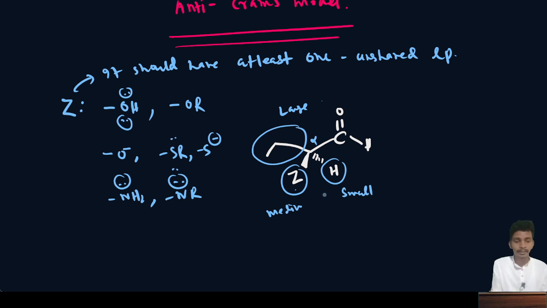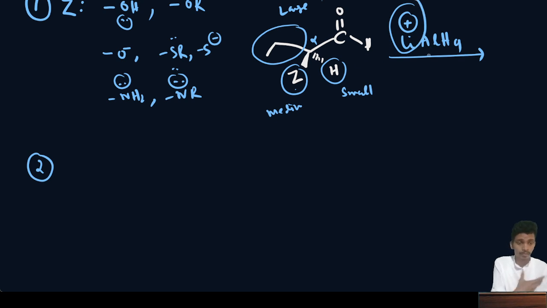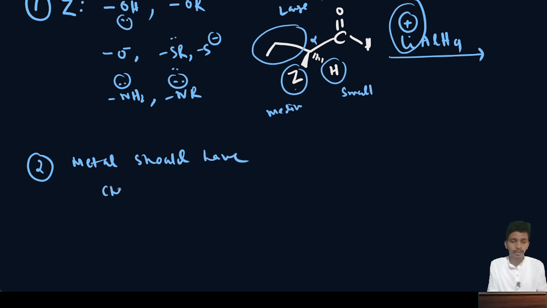So Z should have at least one unshared lone pair, and that is the first condition. The second condition is that whatever reagent you are giving, the metal in it, let's say lithium aluminum hydride, where the metal is lithium plus, should have chelating properties. So which metals have these chelating properties?